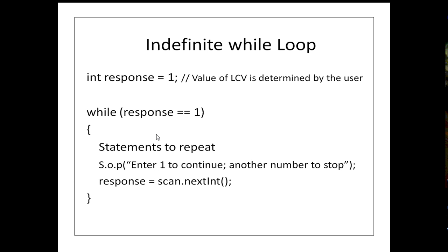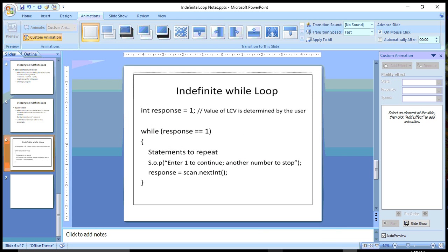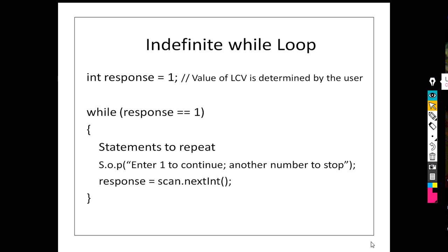So here's our example. Now this is basically a template, and so I'm not going to give you an actual program. You're going to have to take what I give you here and then try to apply it to the program that I'm going to give you to finish here in just a second. So let's take a look at this.